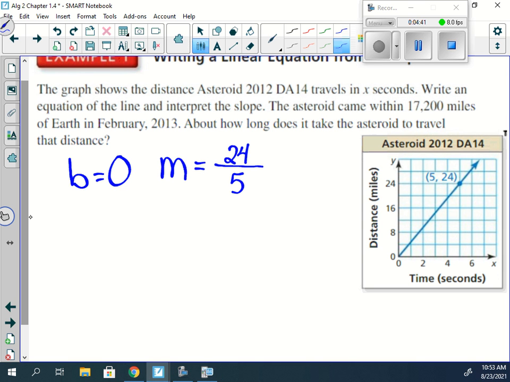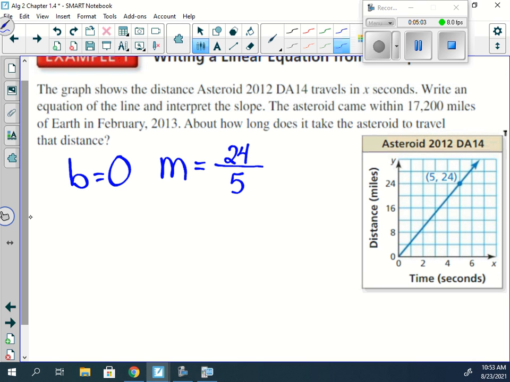We could have plugged it into the equation. So we take 24 minus, well, the other point was 0, 0. So 24 minus 0 is 24. Then the one on the bottom would be 5 minus 0, which is just 5. So the slope is 24 over 5.